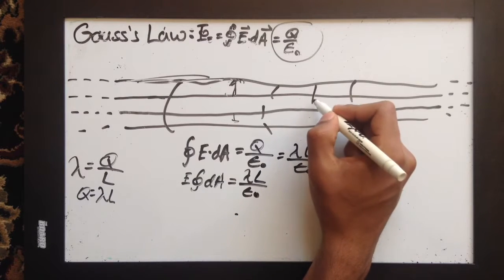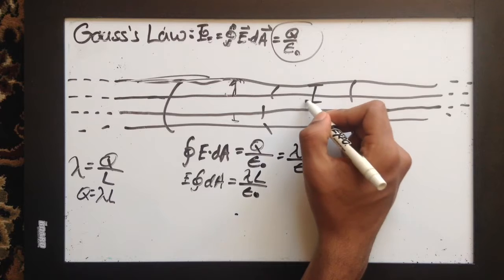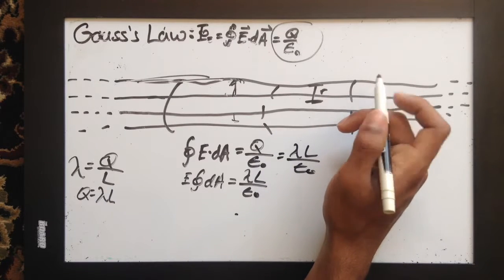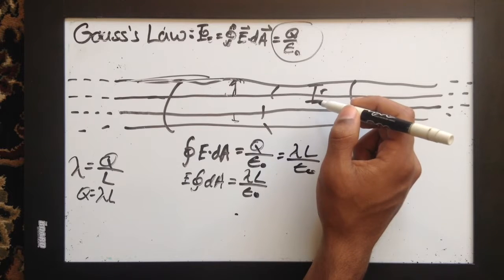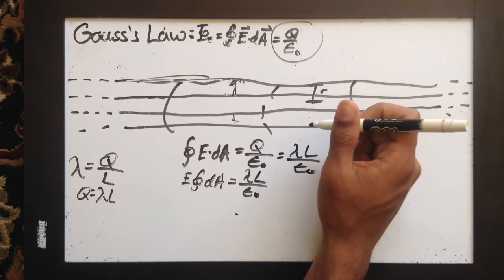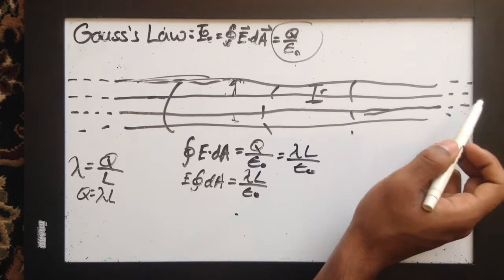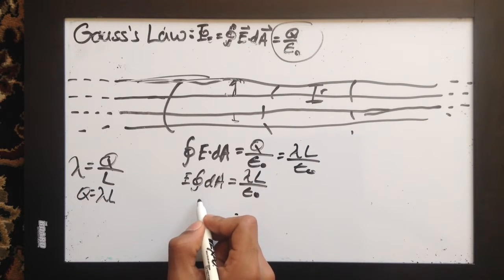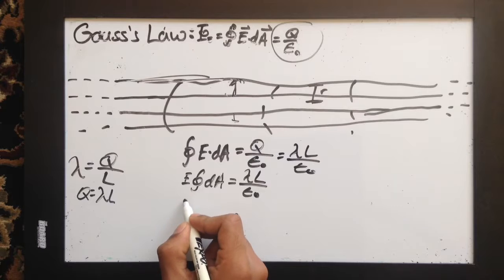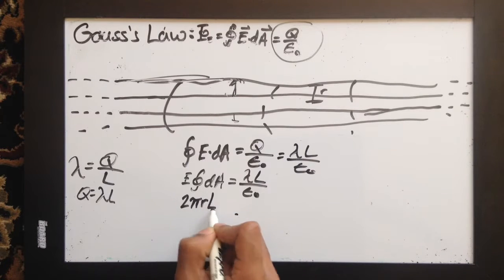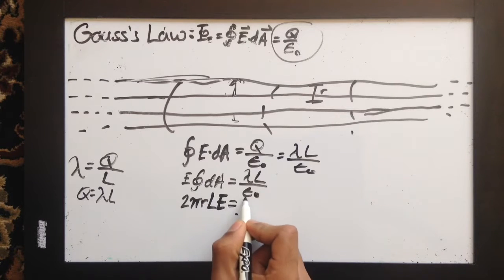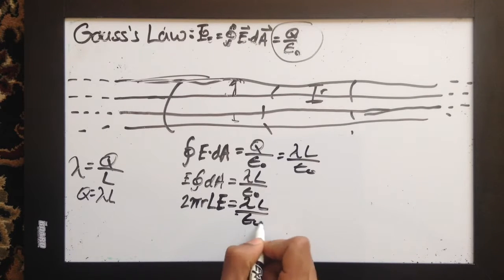And let's say the radius of this cylinder is little r. And so the area of this cylinder, we know, is just the circumference of one base times the length of the cylinder. So we can integrate the left side of our equation. So we get 2 pi r L times E equals lambda L over epsilon naught.